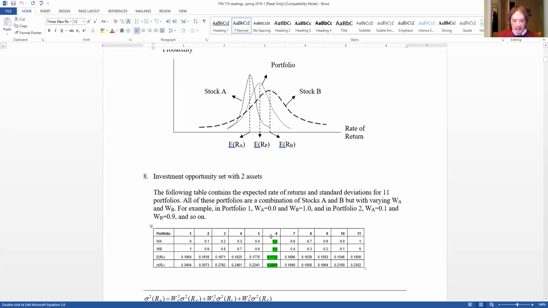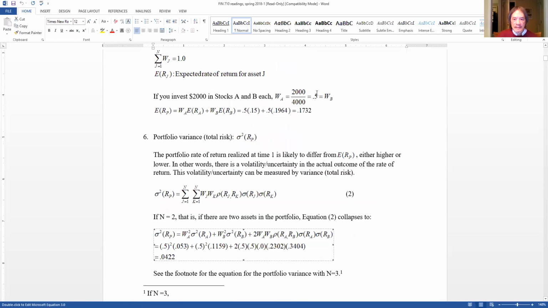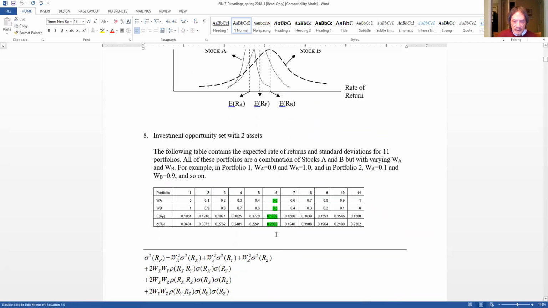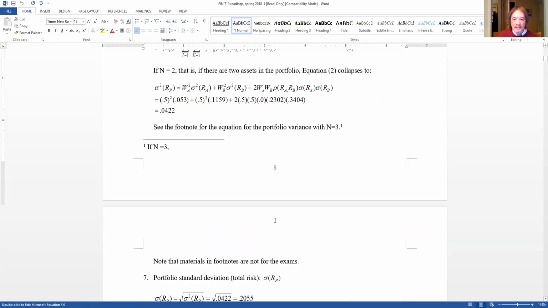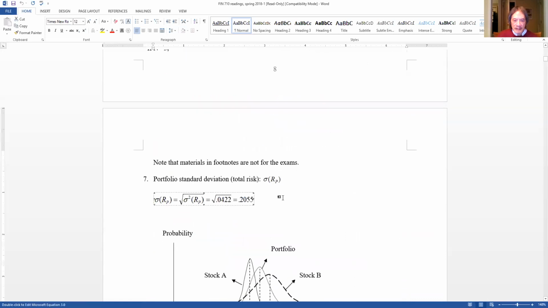And based on these weights, we obtain the expected return for the portfolio of 0.1732 here. And the portfolio standard deviation, 0.2055 here.